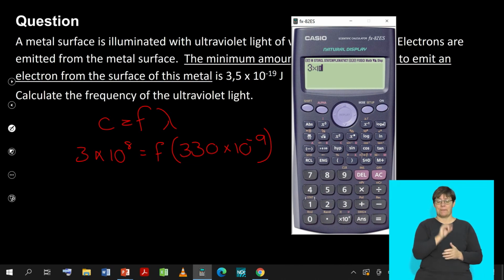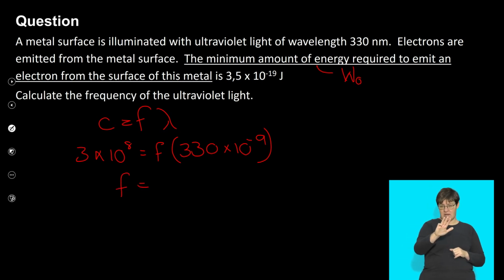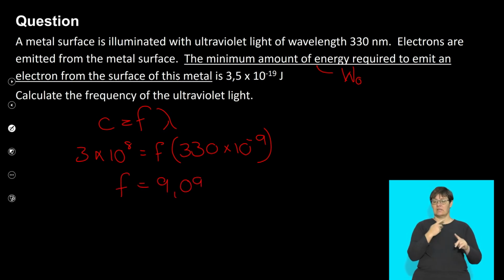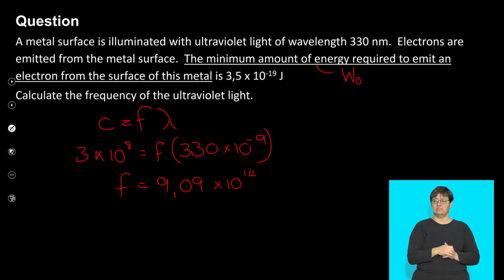So 3 times 10 to the 8 divided by 330 times 10 to the minus 9, and I get 9.09. Make sure you remember times 10 to the 14. And I'm happy with that.